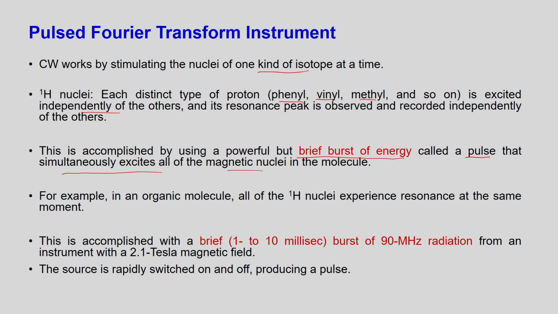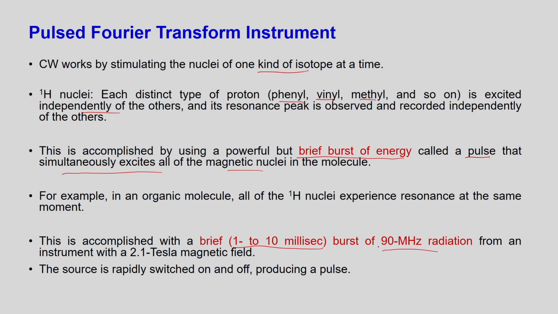So, it will have several frequencies encoded within that pulse. This is the advantage: since you are sending all the frequencies at a time, it has to be brief. It is between 1 to 10 milliseconds because of the Heisenberg uncertainty principle.